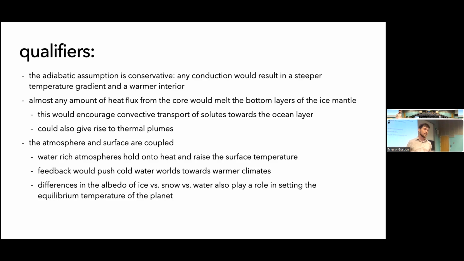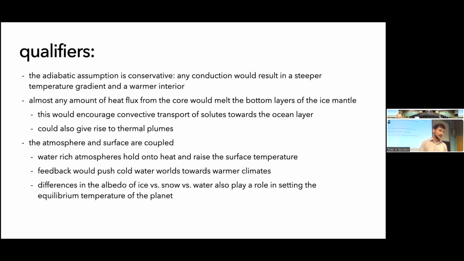Also, from the other end of things, any amount of heat flux up from the core into the hydrosphere would result in melting at the bottom layers of the ice mantle. And that would encourage convective transport of solutes towards the ocean layer, and could also give rise to plumes of molten solute-rich water that may plume up through that ice mantle and provide solutes to the liquid water layer above, to the ocean.